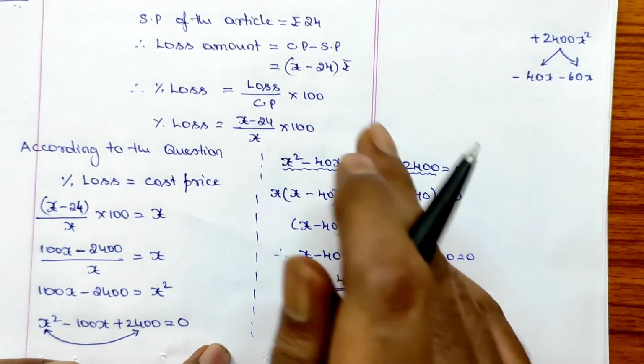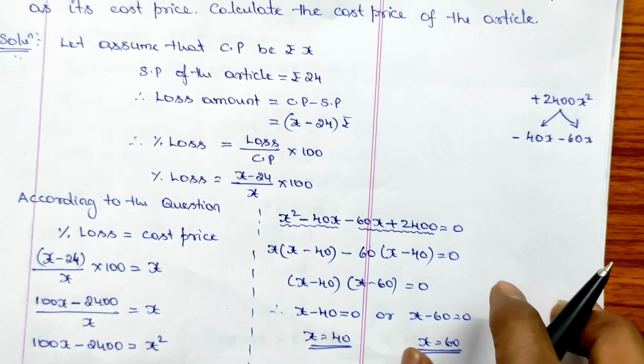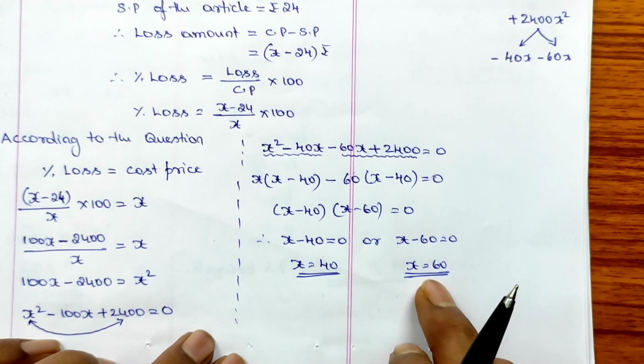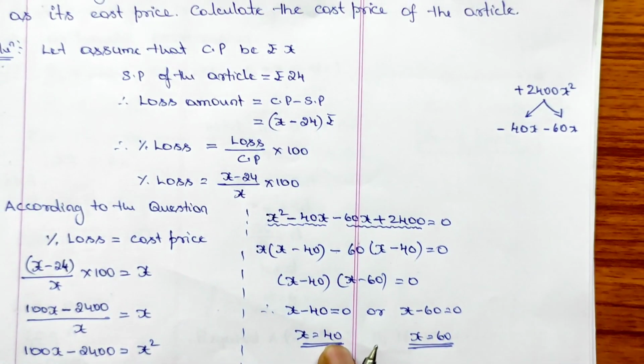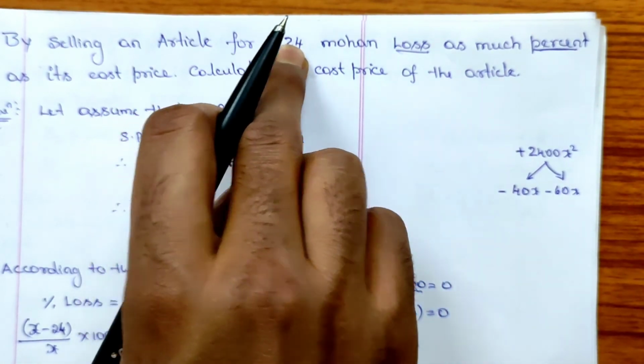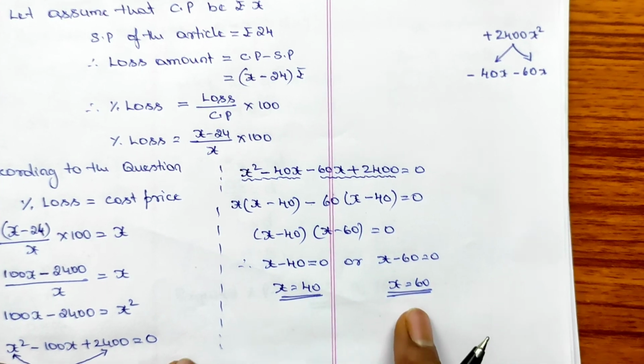So what is x in our sum? The x is the cost price. Therefore we got the cost price is 40 or 60. But 40 is nearest to our selling price 24. So with respect to this selling price, I will consider the cost price is 40. You can also consider either 40 or 60.